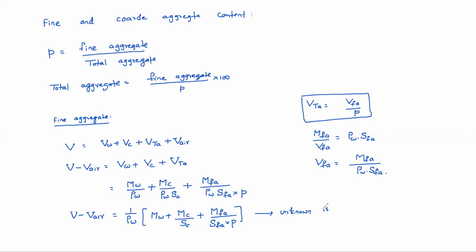See, mass of water already we have arrived. Mass of cement also we have arrived. Volume of air also is there with us in percentage. Suppose if you take 1 meter cube of concrete, 2% is the air. Then V is 1, volume of air is 0.02, rho of water is there, mass of water is there, mass of cement is there, specific gravities you can find: cement 3.15, fine aggregate you can work out, P already you know, percentage of sand. So what is unknown here? Mass of fine aggregate. Yeah, unknown is mass of fine aggregate.